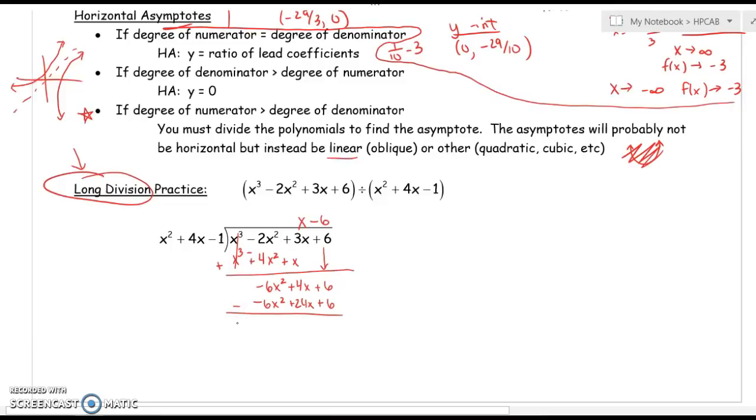When you subtract, you will not get a remainder of 0, and that's okay. So negative 6x squared minus negative 6x squared, that's gone. I'm going to add the opposite. I just like to add better. So I'm going to make all of these their opposites, so it's a lot easier. These cancel. 4x and negative 24x is negative 20x. And then these cancel, giving you 0. All right, so you have negative 20x.